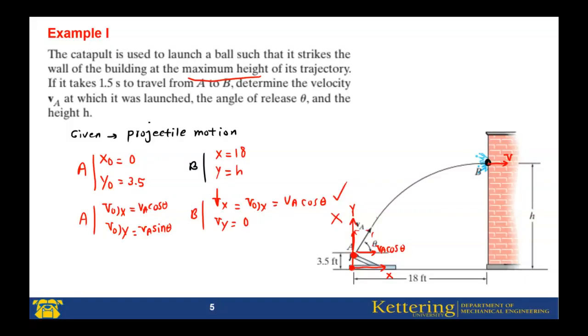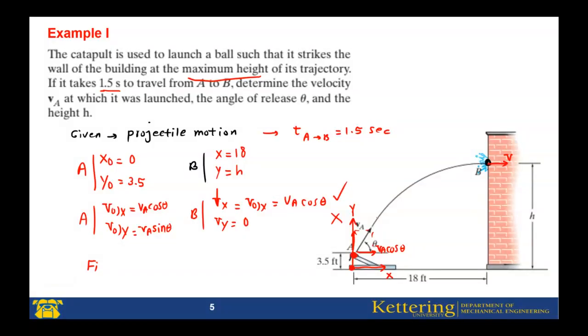Later, you have to put these in the equations and solve them. Now, you know this, and also the time: from A to B it takes 1.5 seconds. These are given for this problem.